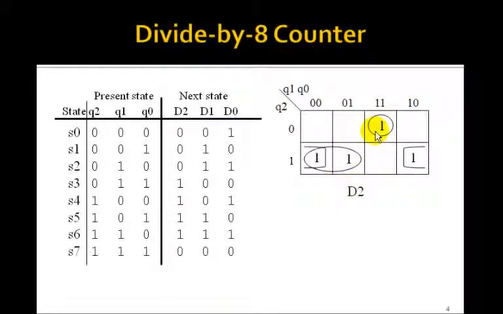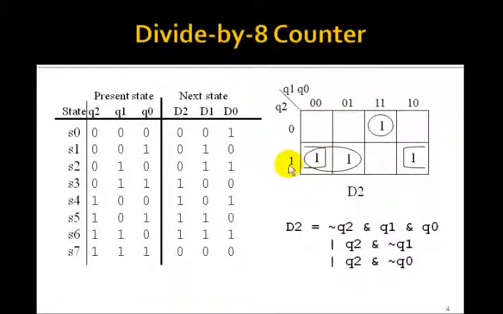This would just be the minterm, not Q2 and Q1 and Q0. This circle is going to give us what? So we'll have or Q2 and not Q1. And the wraparound will be Q2 and not Q0. So here's the logic equation for D2.